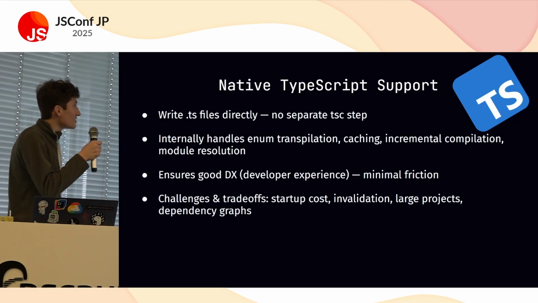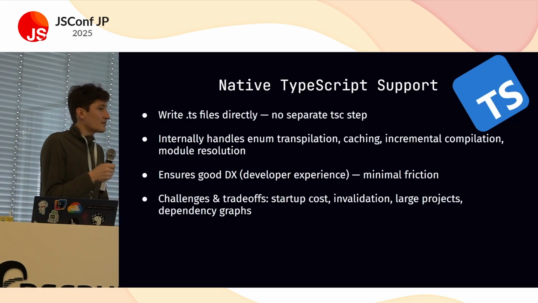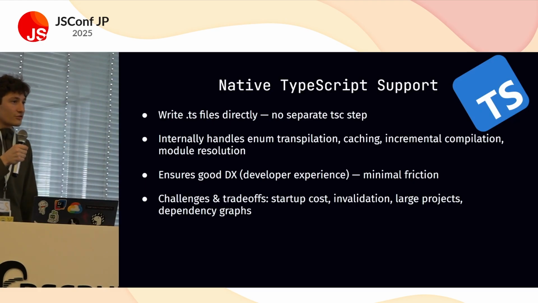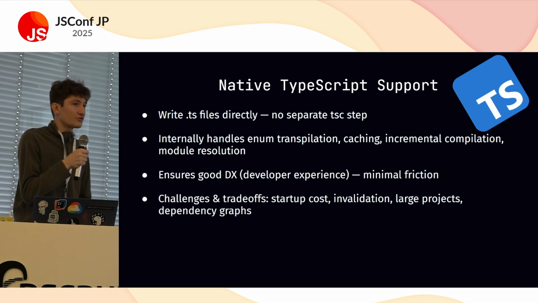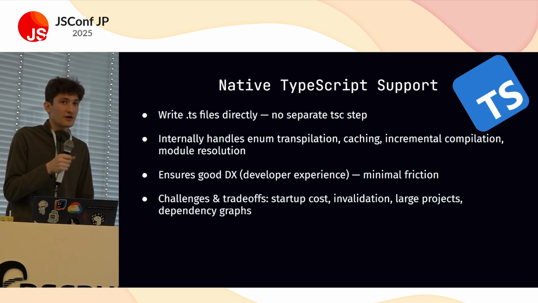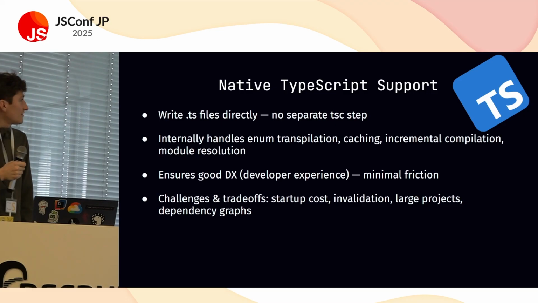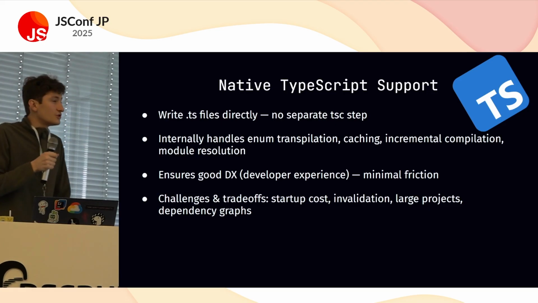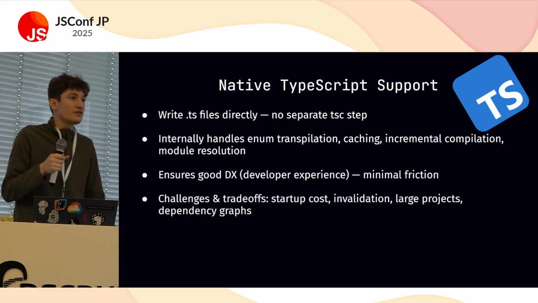Okay. So native TypeScript support. Reiterating this again, it's the simplicity of writing a single TypeScript file and being able to run that directly in the runtime without a separate TSC step. We do handle enum transpilation inside the Nova engine itself.